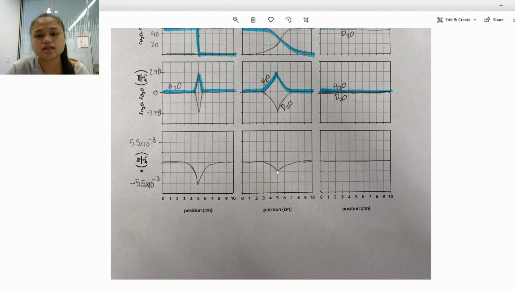And then it becomes less steep over here because, for the same reason, they've been able to distribute more throughout the volume, and there's less need for that mass flux to happen until you reach that final stage where the net mass flux is 0, because the two species are in equilibrium and they both reach 0.